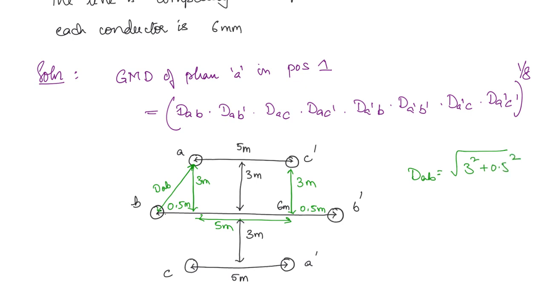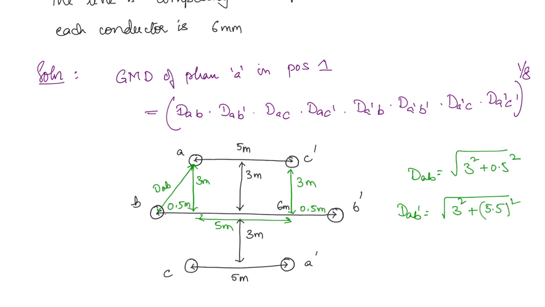Okay. Then DAB dash. So A is here and B dash is here. Here also you again have to form a right angle triangle. So what will be DAB dash? This will be equal to this length square plus this length square. So DAB dash is equal to root over 3 square plus 5.5 whole square.